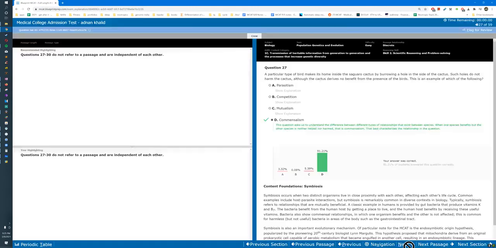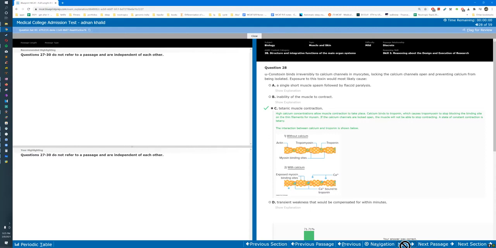Alright. This one is pretty obvious. This one, looking at kind of the opposite things. This is like just one short muscle spasm and then nothing. Inability to contract is just straight up nothing. Transient weakness, compensated, that's like nothing for a little bit, but it's back to normal.